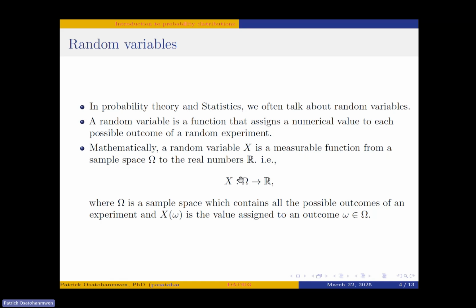Now, this sample space here is a set that collects all possible outcomes in an experiment. This is a set that contains all the possible outcomes when we perform a random experiment. Just like we have functions, when you have a function, say f of x, you agree with me that there is what is called the domain of the function.